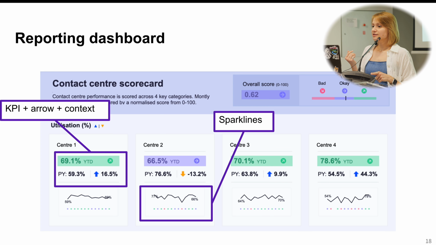Use KPIs with arrows and context. So here you have not only a number, you have a story. Your number for the current month looks like this, and it is less than the previous one, and it is because of that.